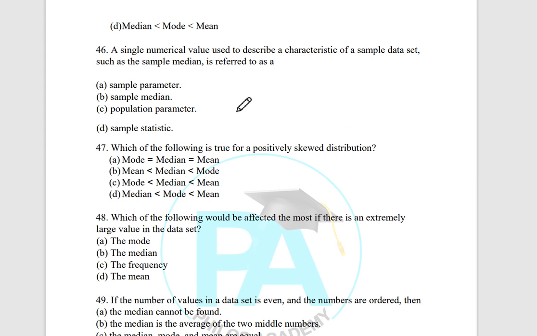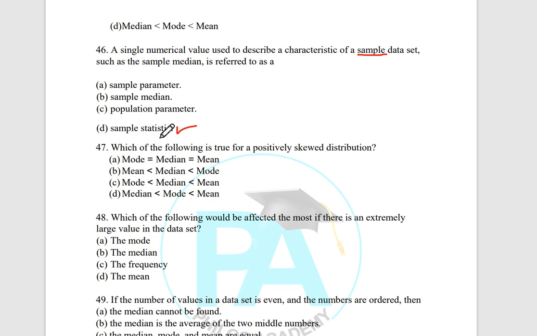Question 46 says, a single numerical value used to describe a characteristic of a sample data set, such as the sample median, is referred to as the sample statistic. The correct answer for 46 is D, sample statistic. The numerical value we use to describe the characteristics of a sample is called a statistic.